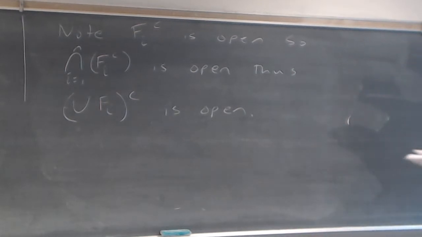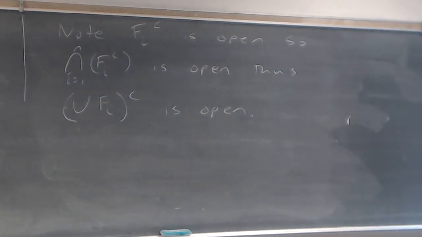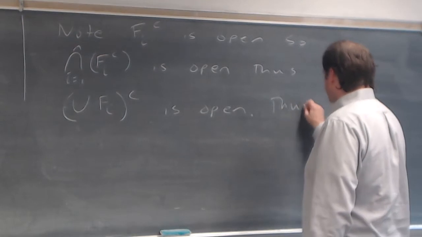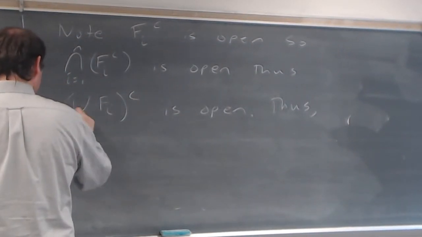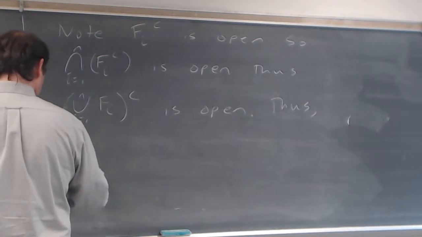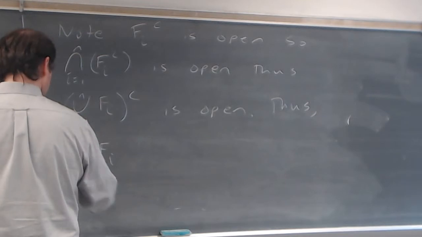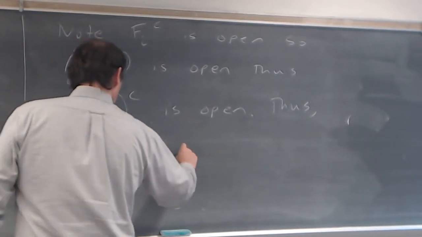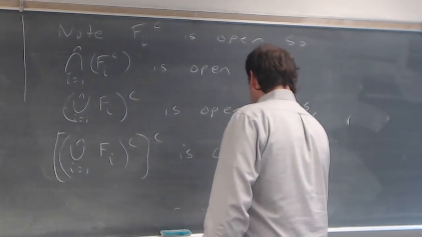That's true, because these two sets are exactly the same. Thus, this union, i going from 1 to n, of f sub i, take its complement, is closed.